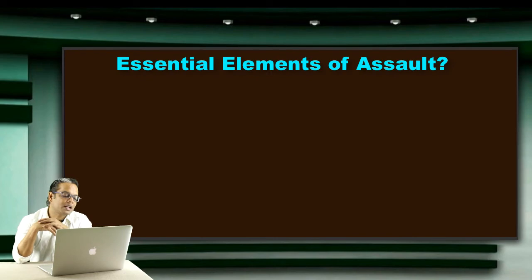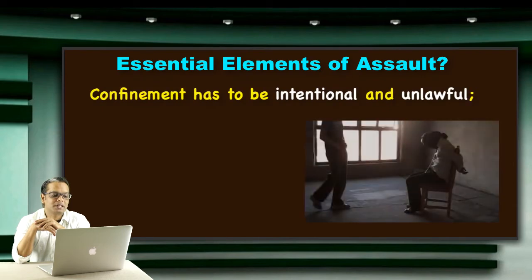Now let's check out the essential elements of false imprisonment. The first one is that the confinement has to be intentional and unlawful. Since we are studying intentional tort, everything has to be intentional and unlawful.